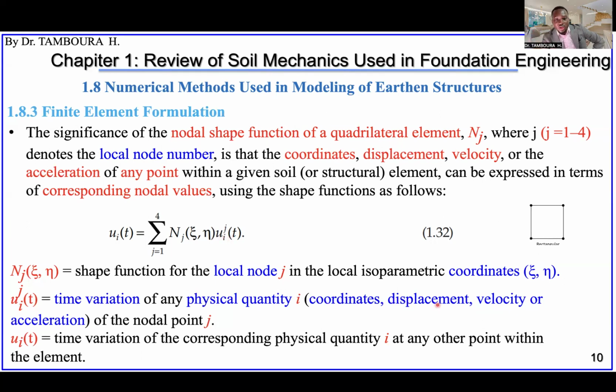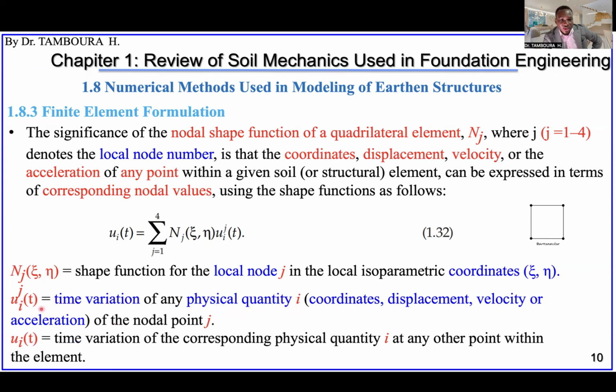Okay, so we have U time function for displacement at node number 2, for example, because J is for the node number. Remember that. J is for the node number and I is for the physical quantity. So this is the time variation for this.